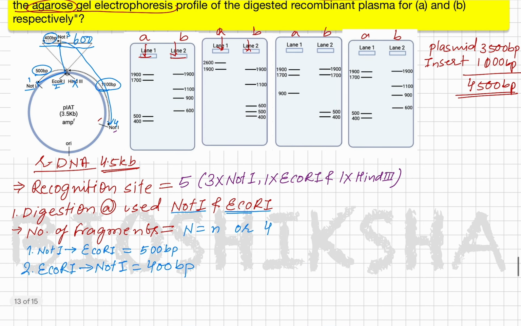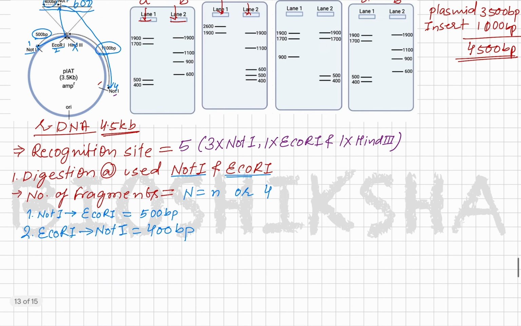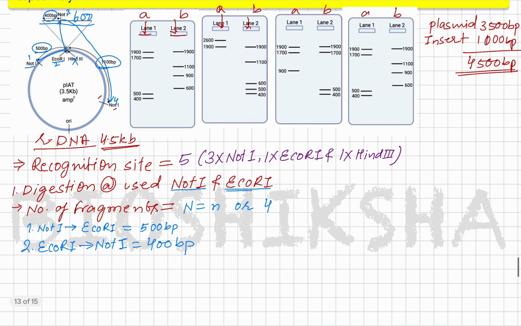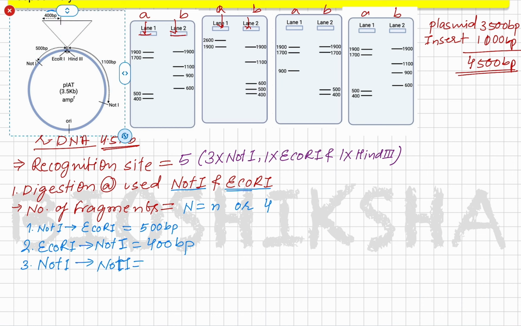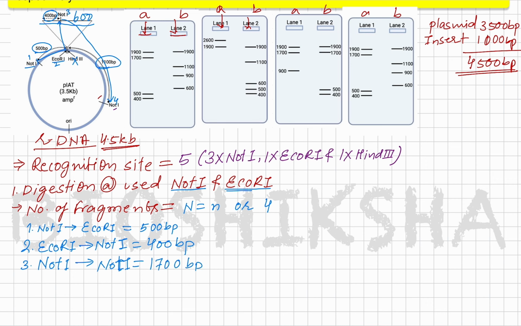So 1100 plus 600 will become 1700. So the third fragment is from NotI, which in the diagram I will label 3, to the NotI we identified as the fourth one. The length will be 1100 plus 600, 1700 base pair.